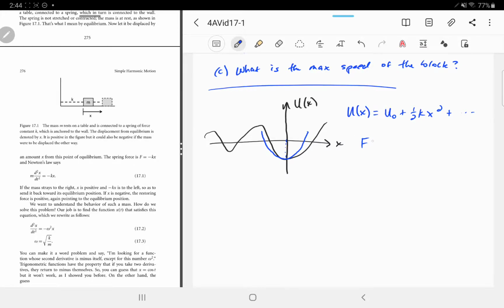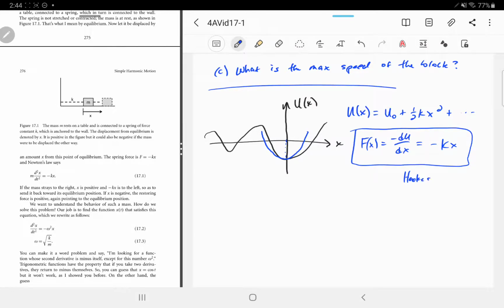So I'm going to write down F as a function of x, which is minus du dx. Taking minus a derivative of the top expression, u naught doesn't play into it at all, and we get minus kx. So this is Hooke's law. Either you put the 1/2 here, or you have to have a factor of 2 here.